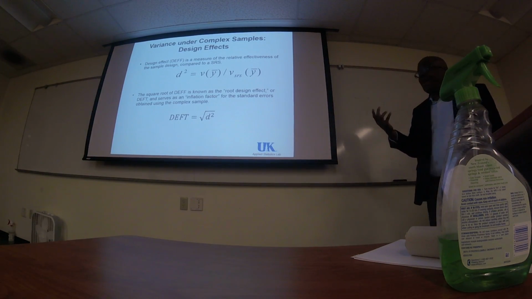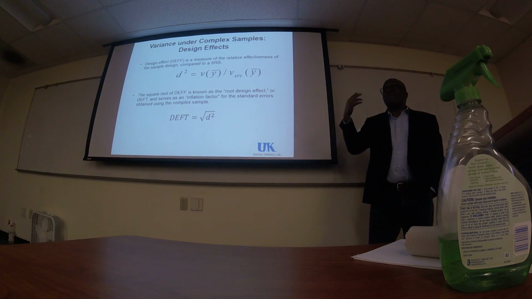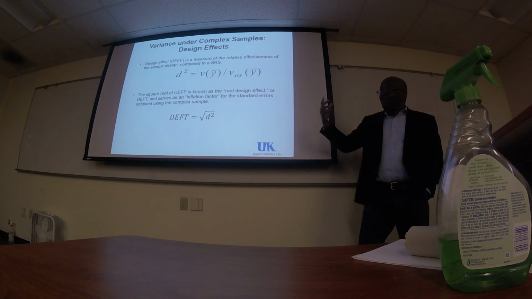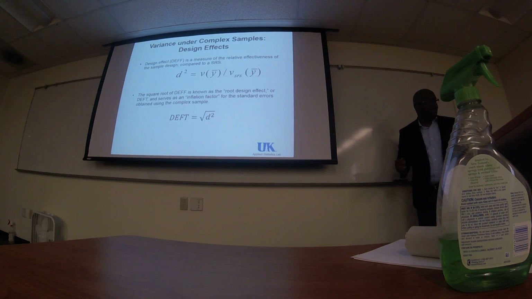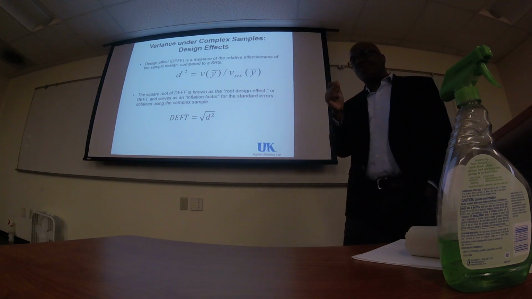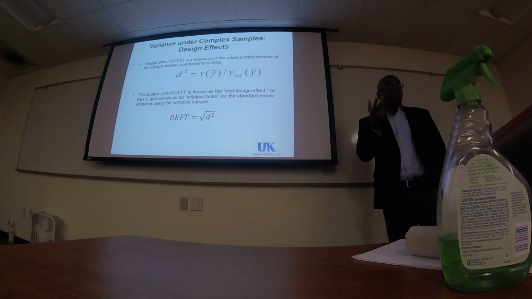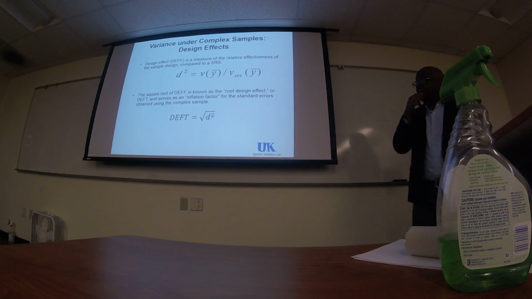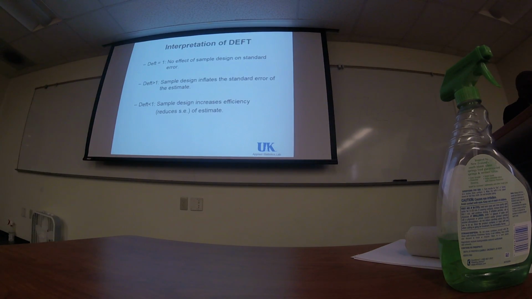We expect that if we use a complex sample, the standard error will be inflated by the value of the square root of the design effect. Whenever we use a complex sample, we expect greater standard error, greater values. Then we need to take that into consideration.